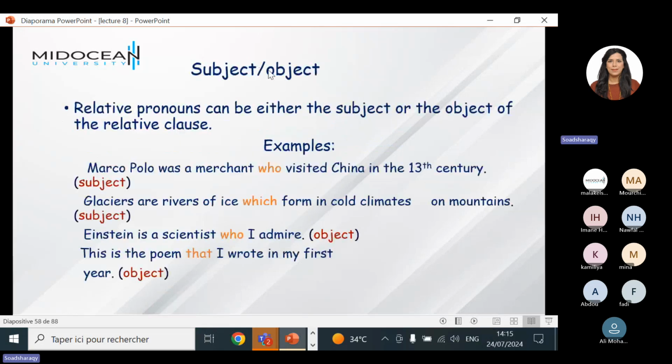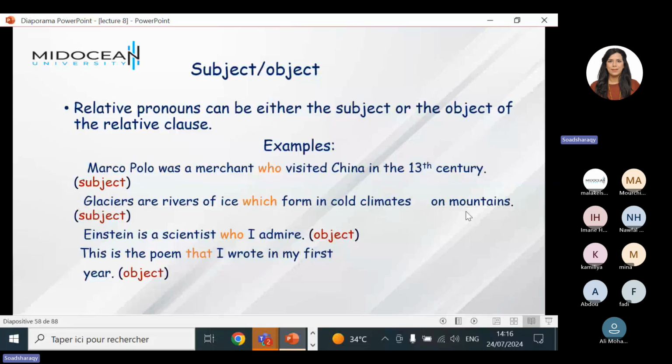Subject or object. Relative pronouns can be either the subject or the object of the relative clause. For example, Marco Polo was a merchant who visited China in the 13th century. So who is used here as a subject. Next example: glaciers are rivers of ice which form in cold climates on mountains.